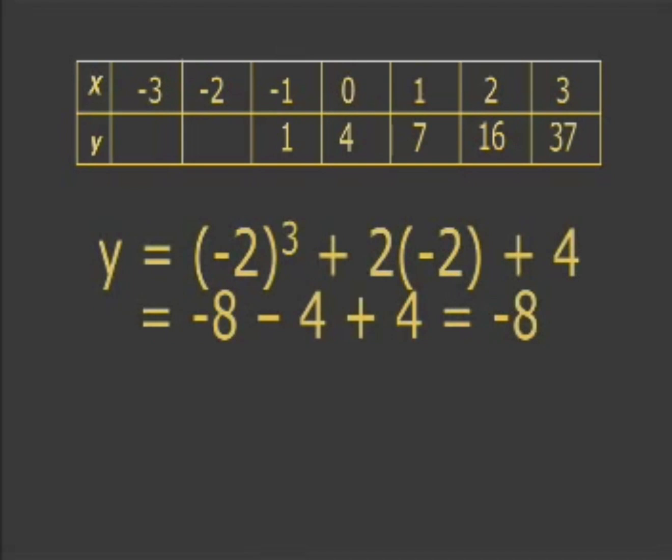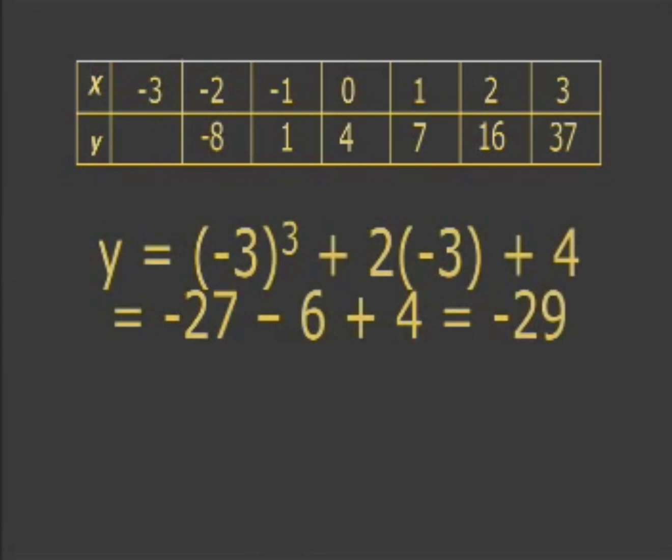If x equals -2, then y equals -2 cubed plus 2 times -2 plus 4. This is -8 minus 4 plus 4, which equals -8.